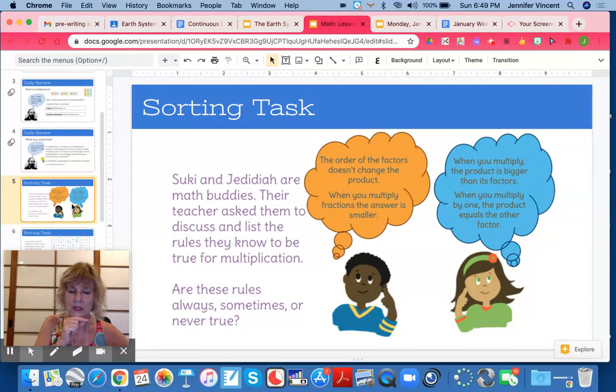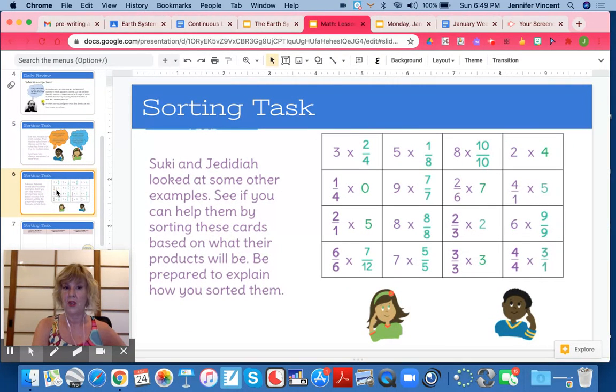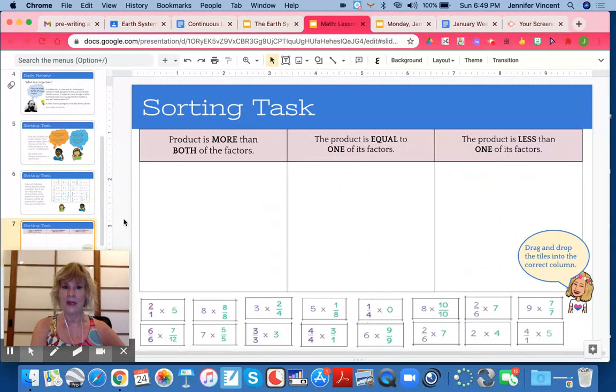What we're going to do today is think about, are these rules always true, sometimes true, or never true? Their teacher has given them some cards that they need to sort based on what their products will be. So we're going to help them today with this slide right here.